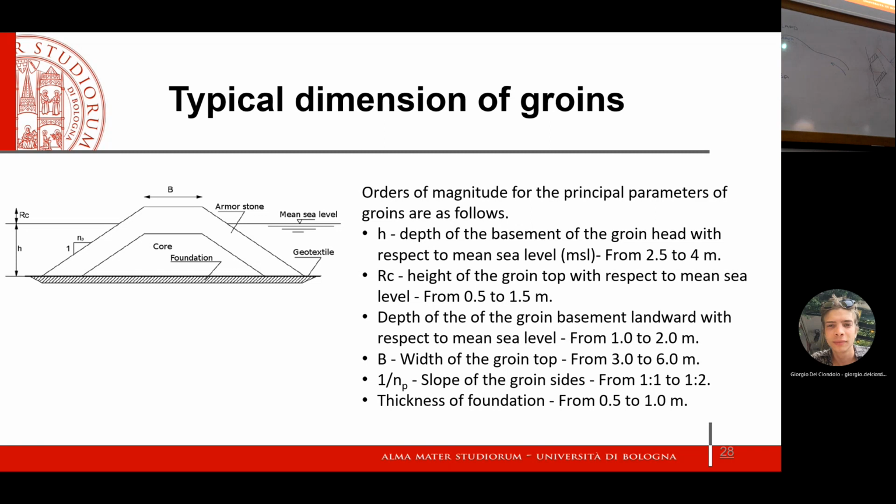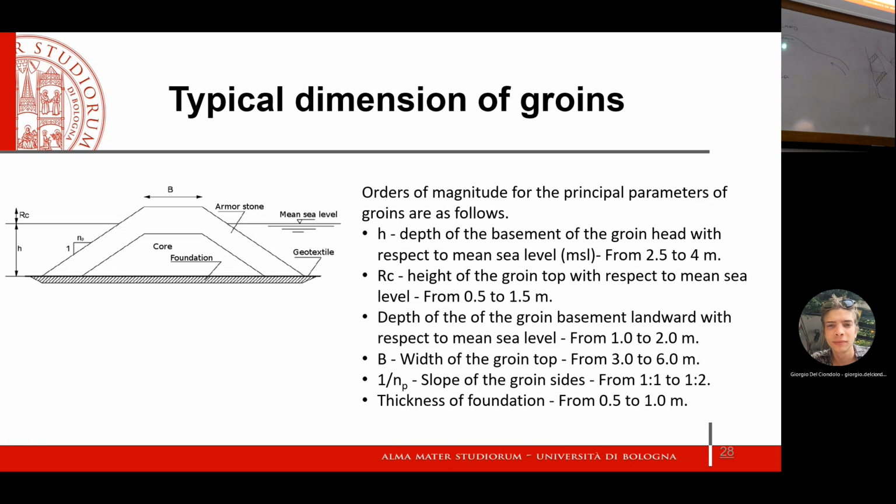RC is about from 0.5 to 1.5 meters. The depth of the groin basement landward with respect to mean sea level is from 1 to 2 meters. So you see that it's lower, of course, landward with respect to the sea front.